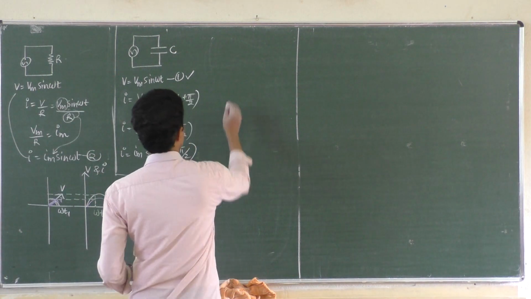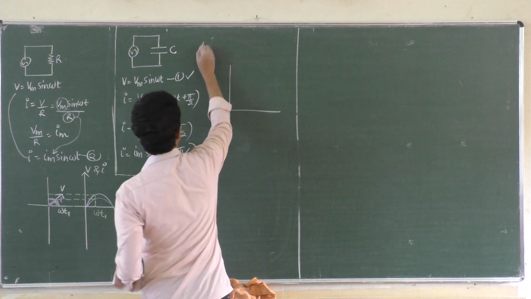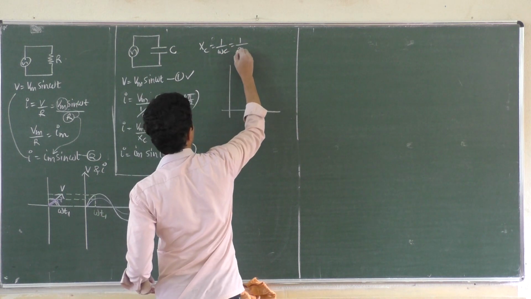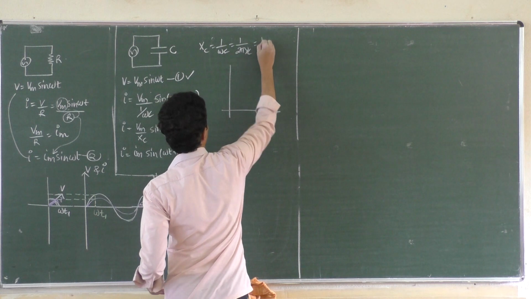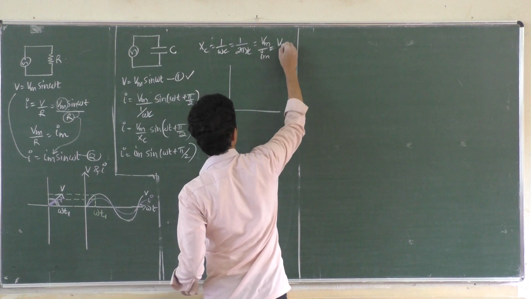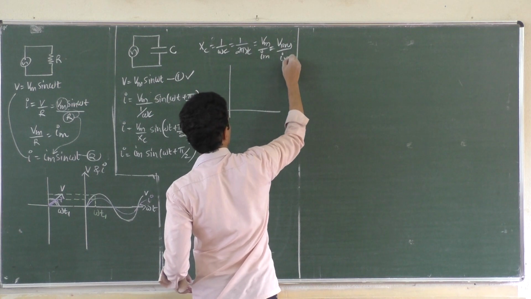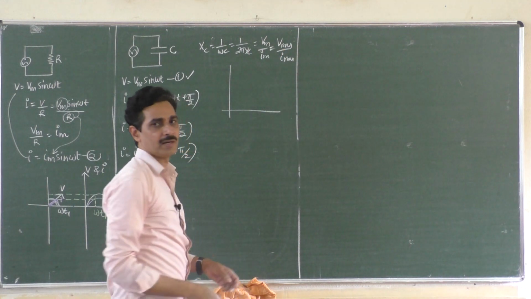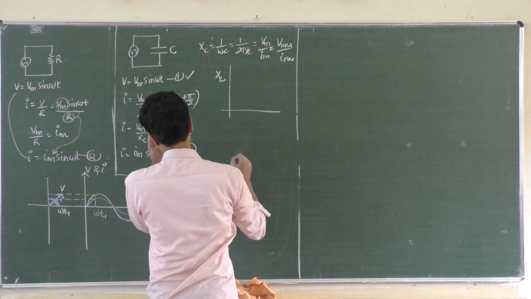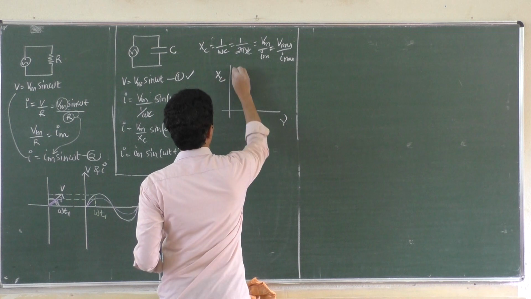Now this is the XC formula. XC is equal to 1 by omega C, that is 1 by 2 pi nu C, and that is equal to Vm by Im, which is also equal to Vrms by Irms, because you can divide the numerator and denominator by root 2. Any graph of XC versus frequency will be like this.